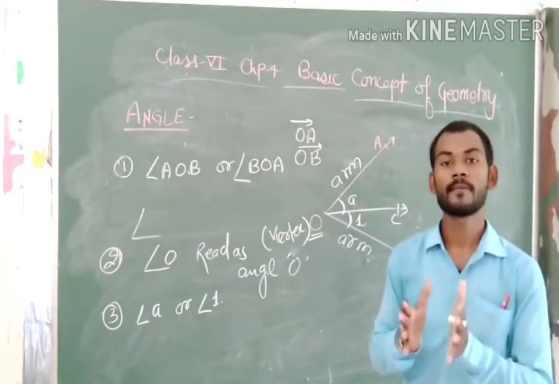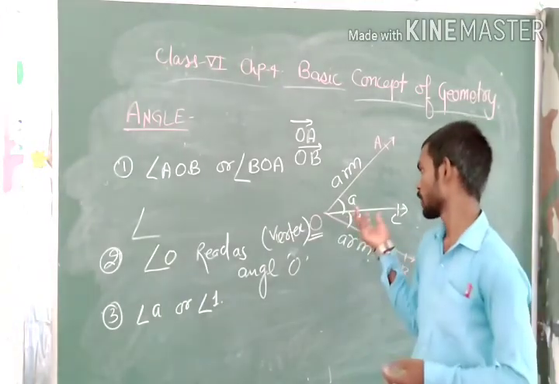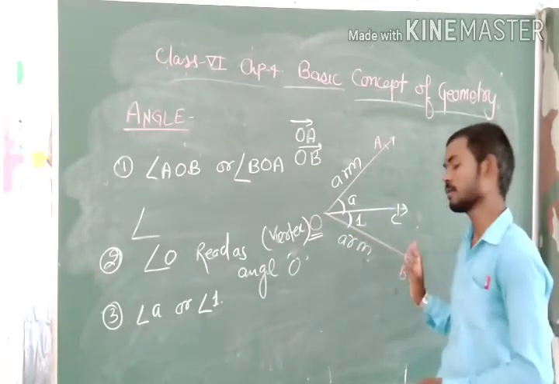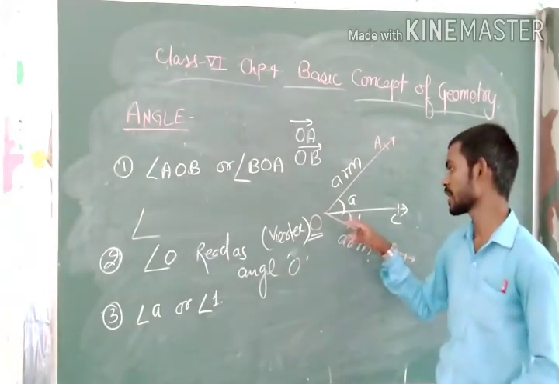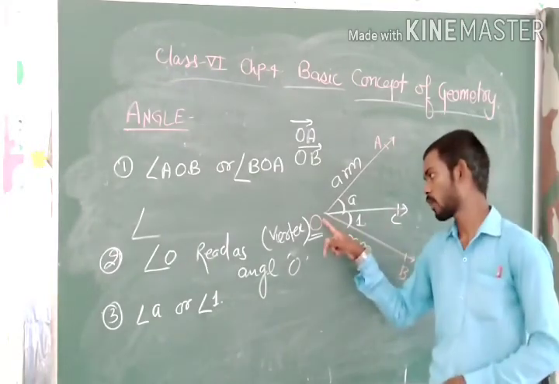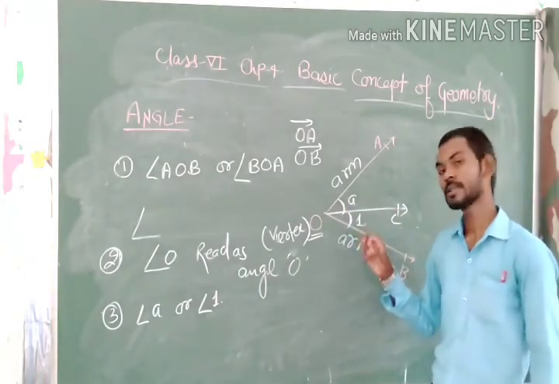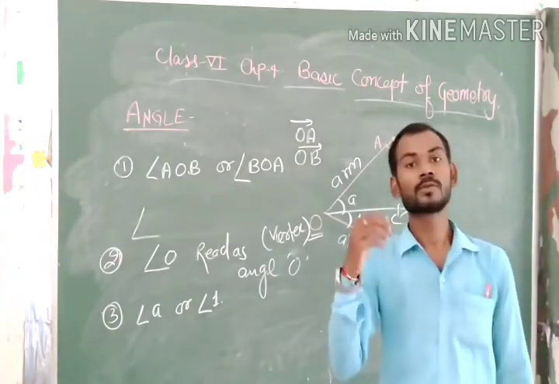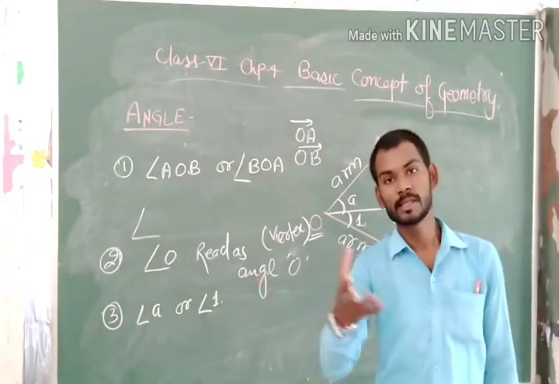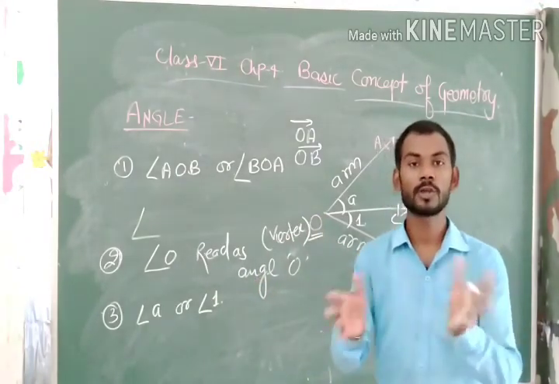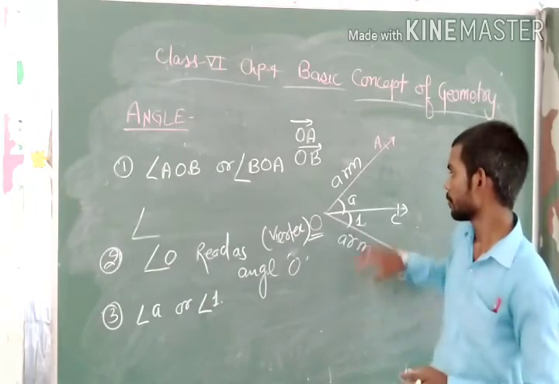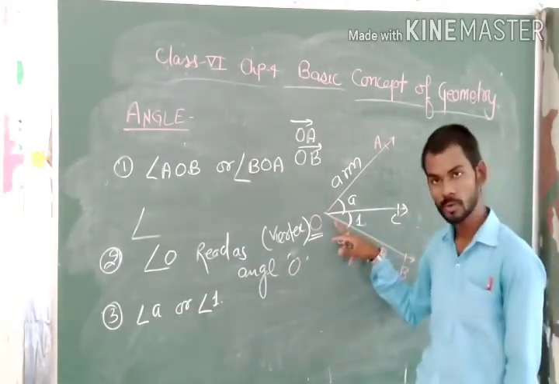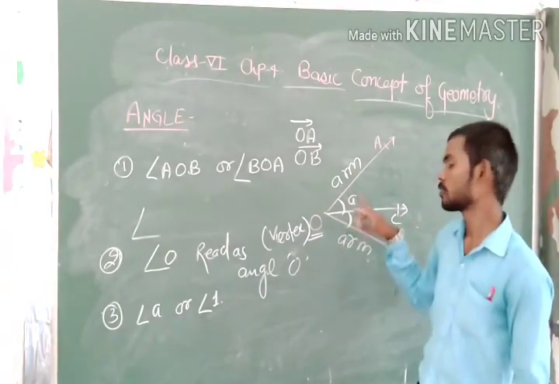You can see in the figure, the initial angle was AOB, but here three rays also pass through the point O. As we know, if more than two lines pass through a point, then such lines are known as concurrent lines. So the ray OC passes through the point O, and here we have two angles.